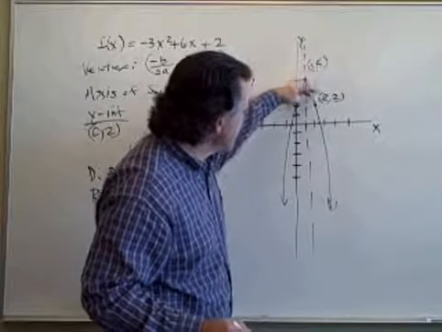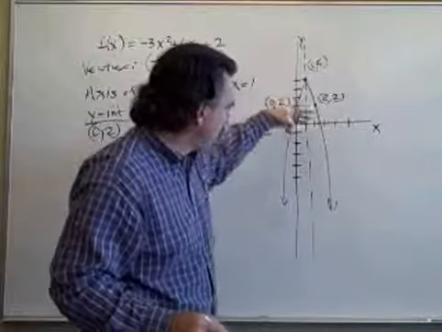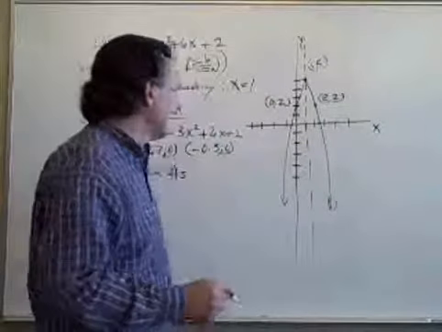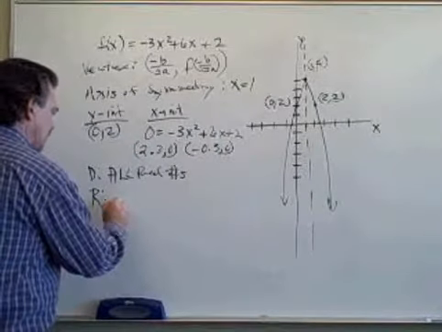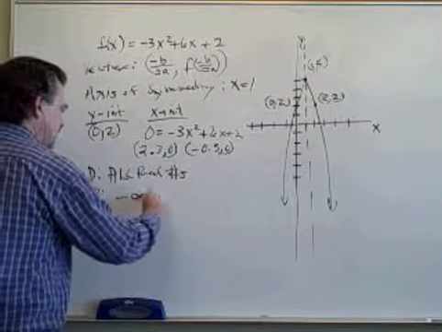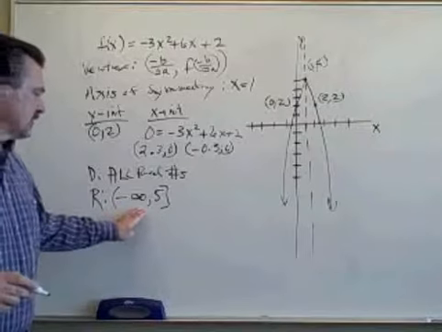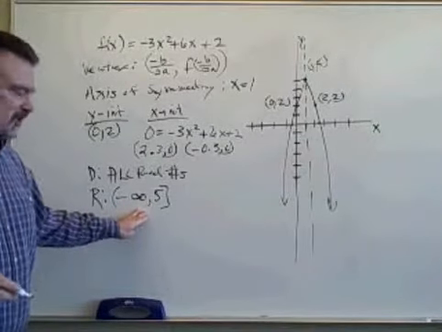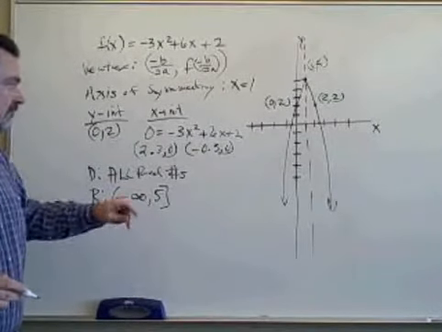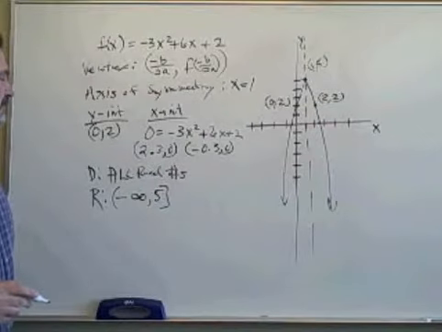And then it contains all of the y values, all the way down to negative infinity. So the range would be from negative infinity up to and including 5. And so in interval notation, we would express it this way, as the range of that quadratic function.